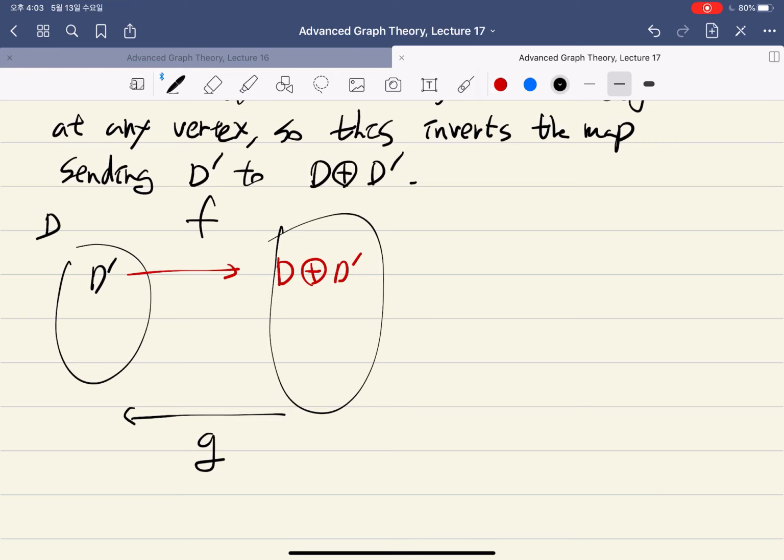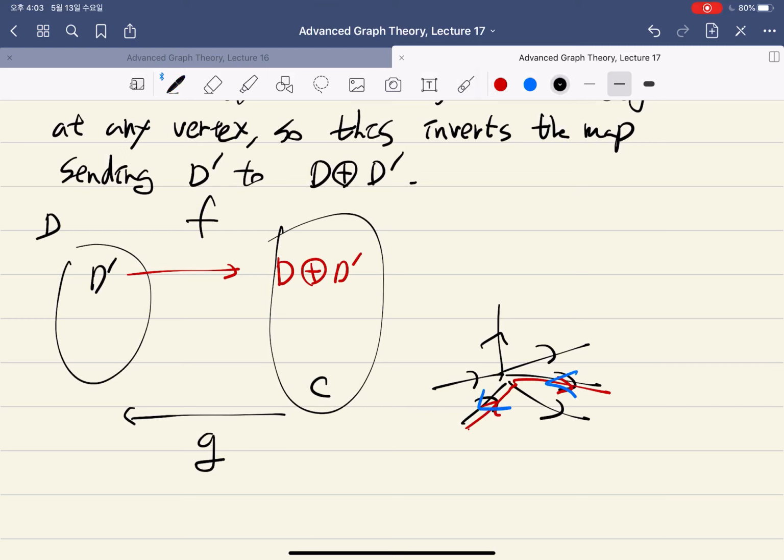Inverse map: if you have this circulation C inside of D, let's say this is D, and then you take this circulation and we flip this orientation.